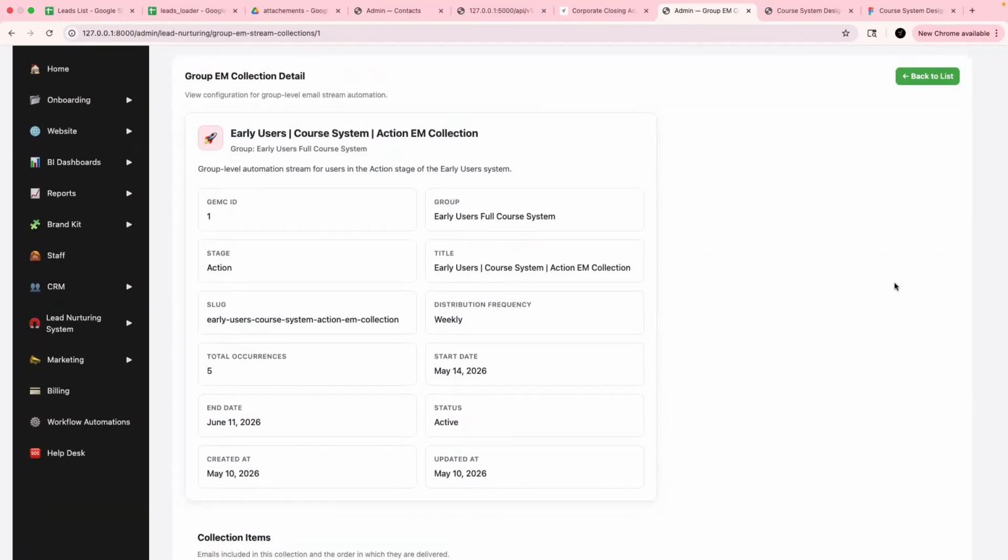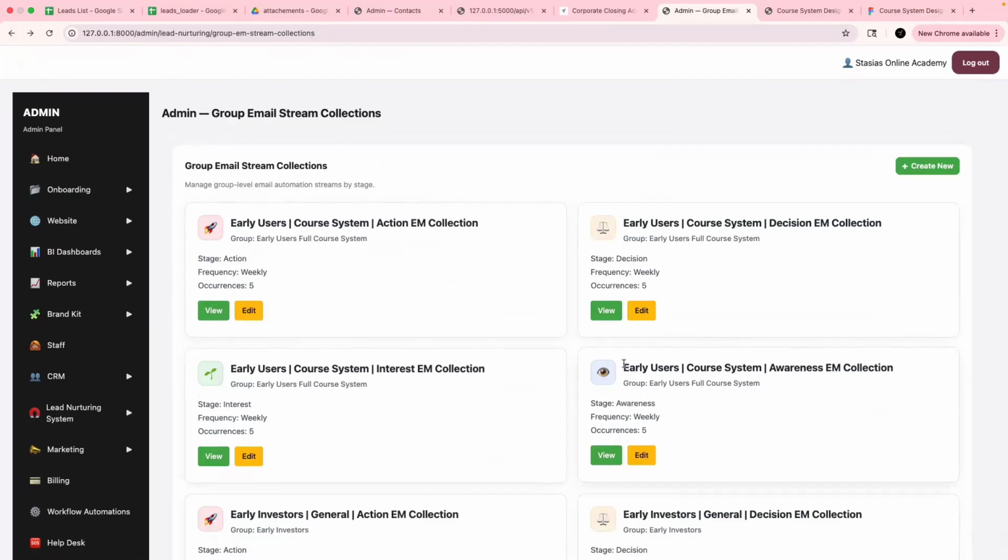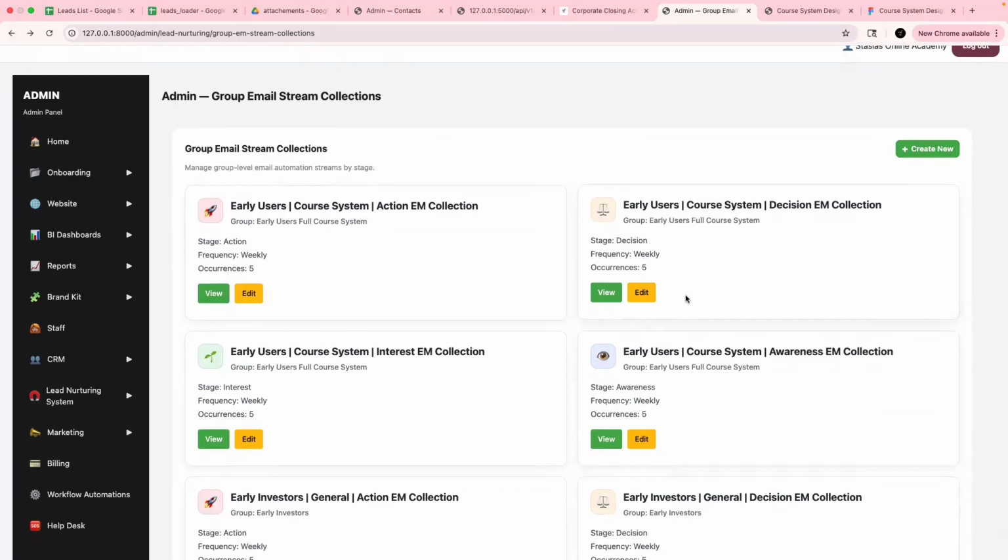So, let's take a step back, someone who was previously getting email information who was in decision, right? They took an action that indicates that they now may be in action.